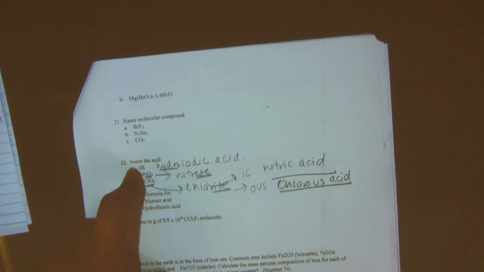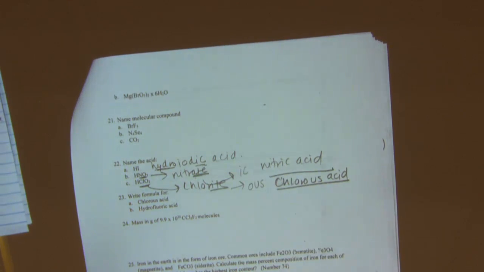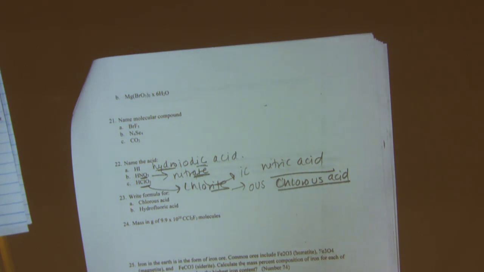Because you have ic. Yeah. Why did I name it hydroiodic acid? There's no oxygen. No, the hydro's fine, but why did you put ic? Because that's what you do for hydrofluoric acid, hydrochloric acid, it's just a binary acid rule.